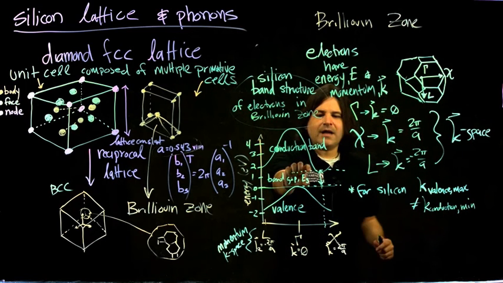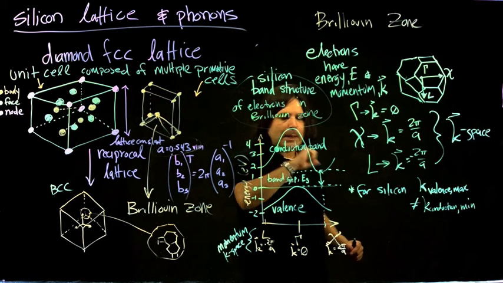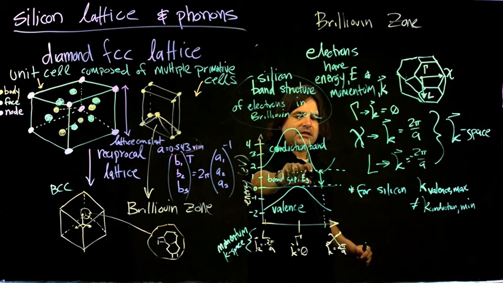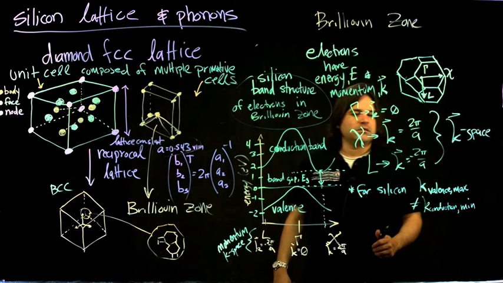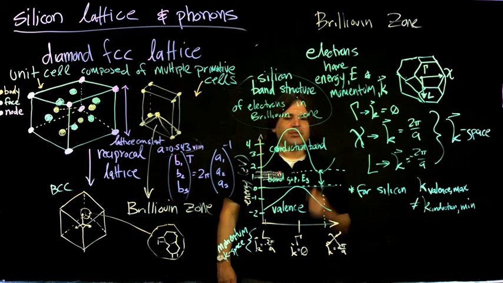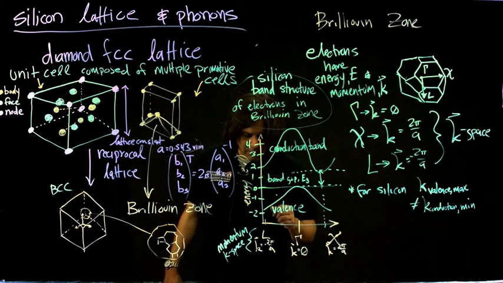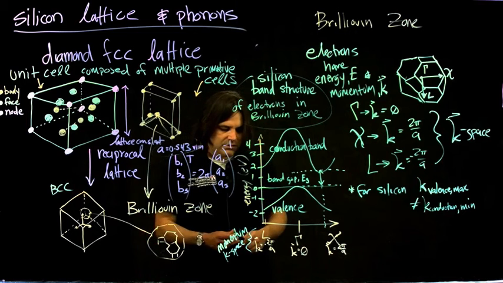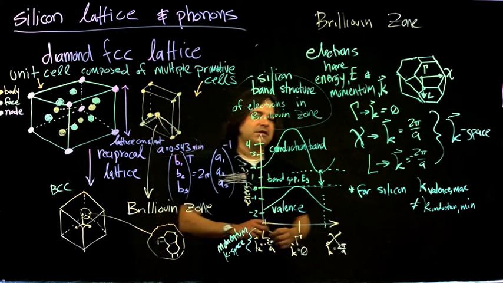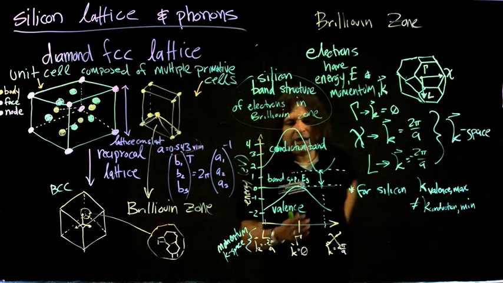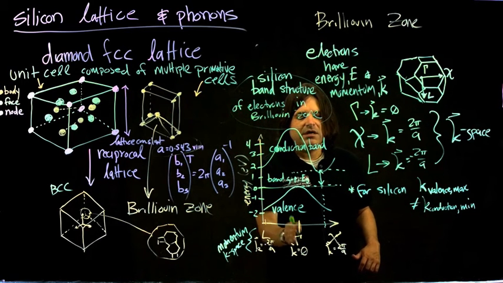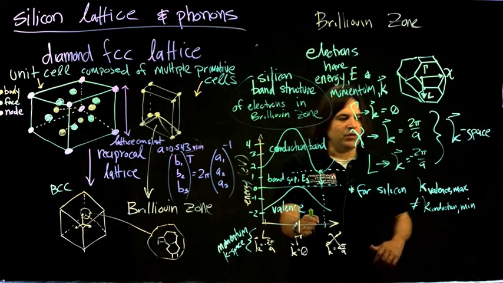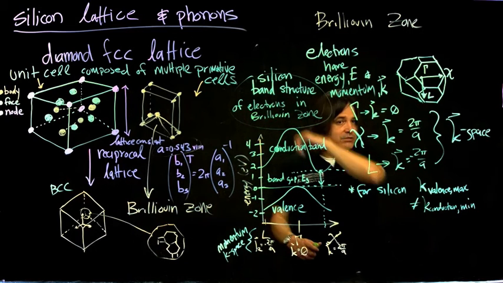So there is a gap there, and the smallest gap is not at the same momentum. That's important for a reason we'll talk about next. The point here is that if you want to act across this band gap with the minimal amount of energy, you have to get momentum involved. That's the point.